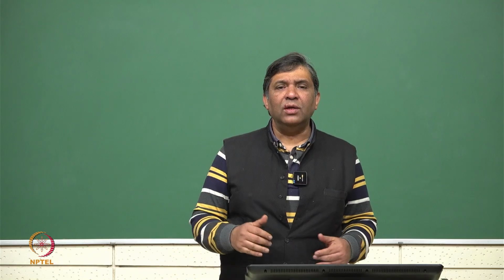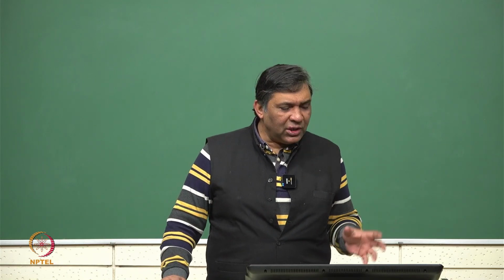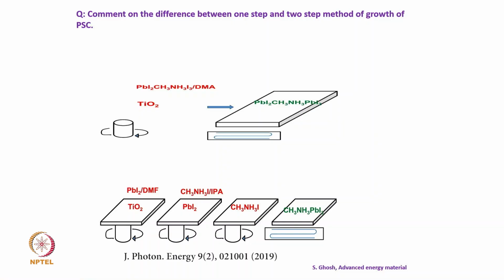One is the single step method and another is the double step method. So, the question is: comment on the difference between one step and two step methods of growth of perovskite solar cell. Okay. So, now you can see one particular example which is shown here.